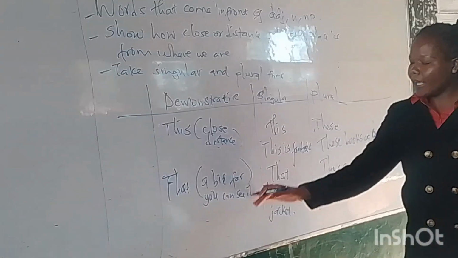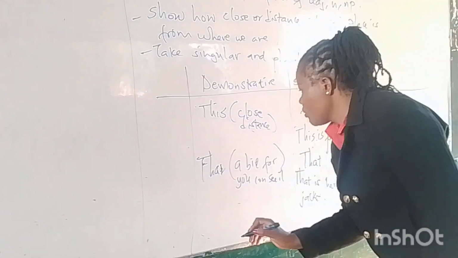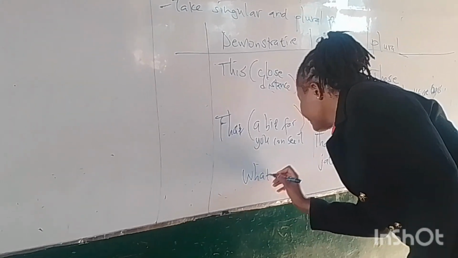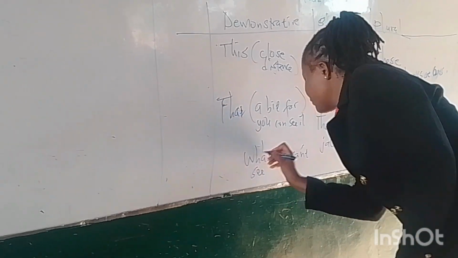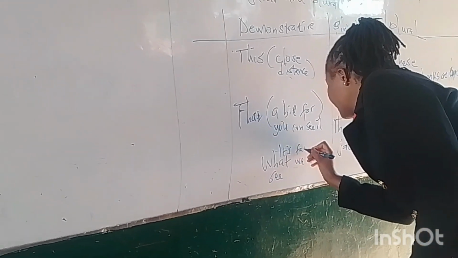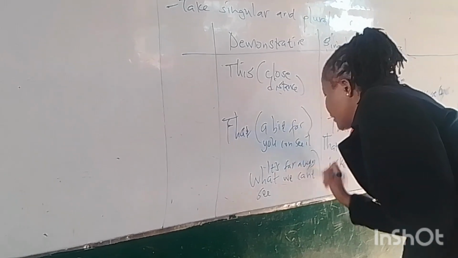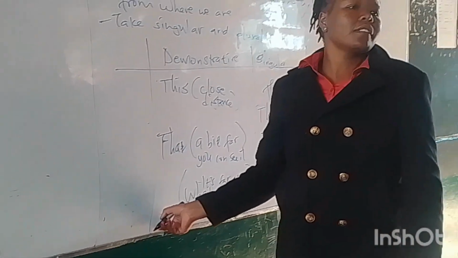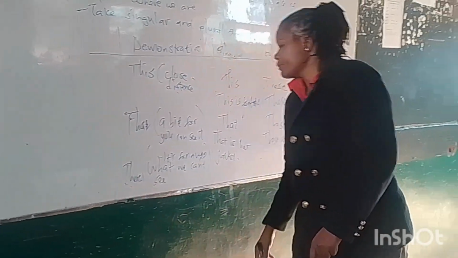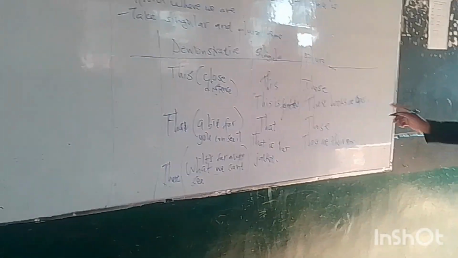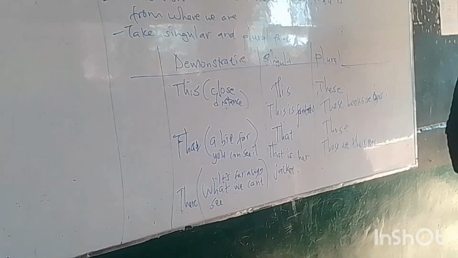Then we go to the last, what we can see, or it's far away from us. We said we'll use there. Why do people confuse there, possessive and demonstrative?